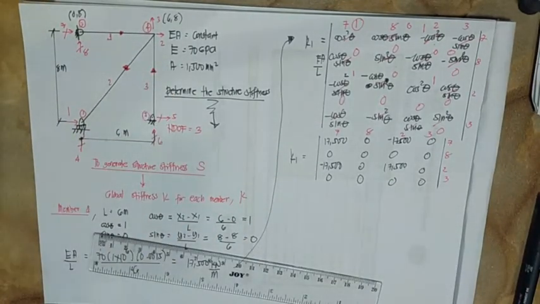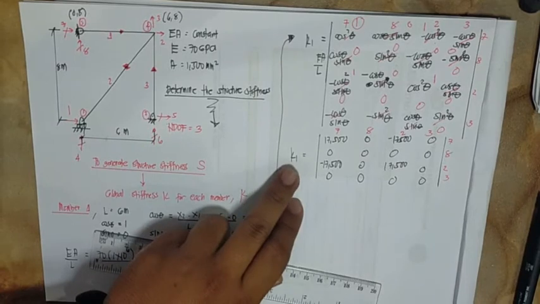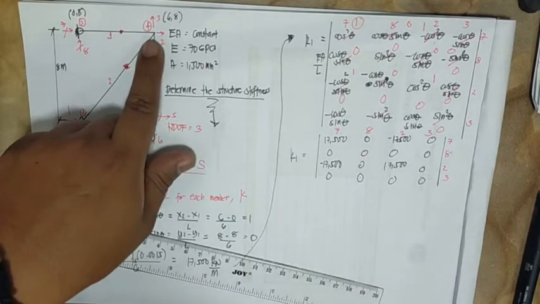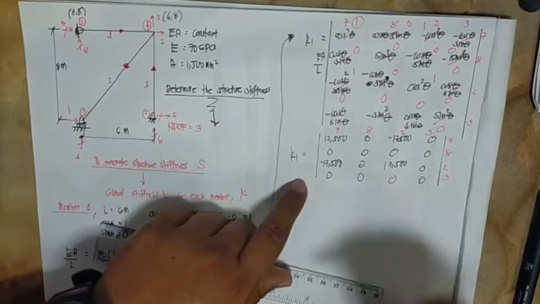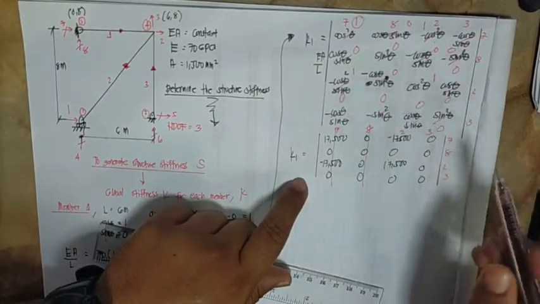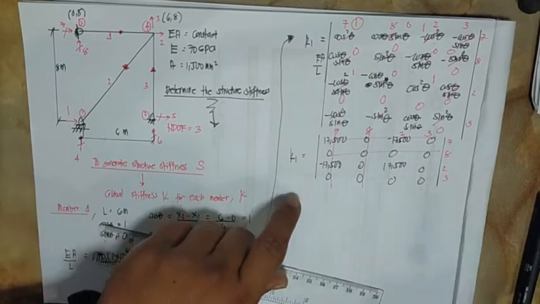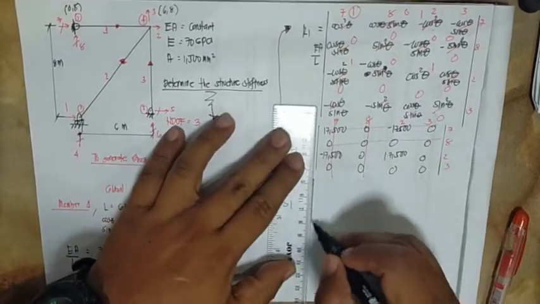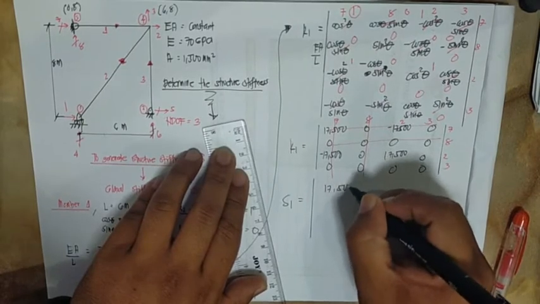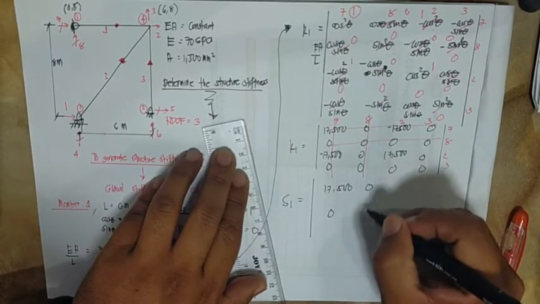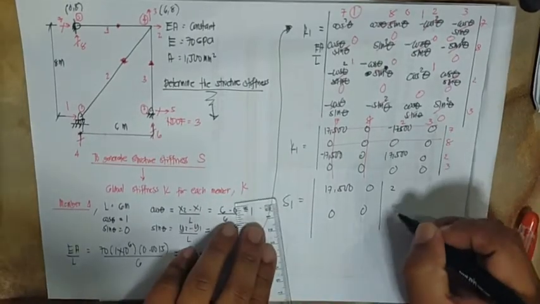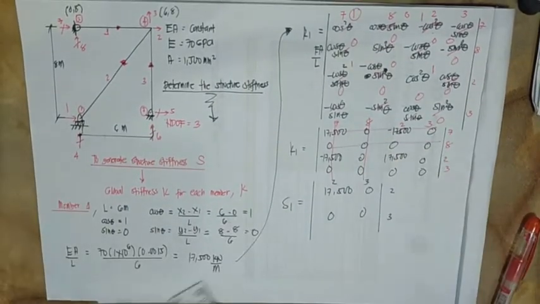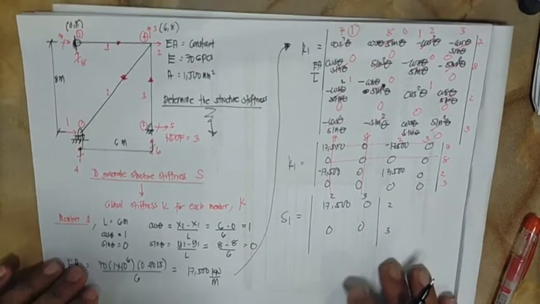Since our focus will be on the translation of 2, 3, okay, we will cross out 7, 8. So now, the structure stiffness at 1 will become 17,500, 0, 0, 0. And then don't forget to put 2, 3 and 2, 3. Okay? This is for member 1.